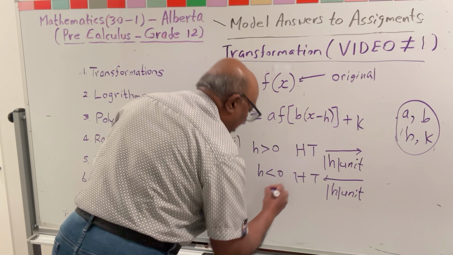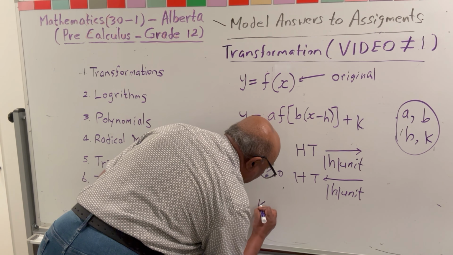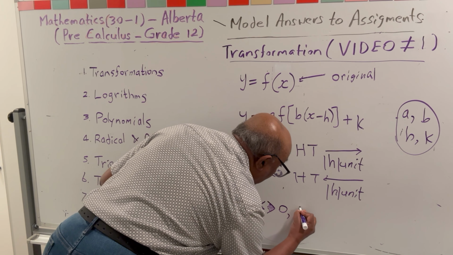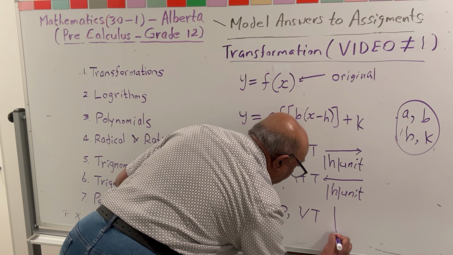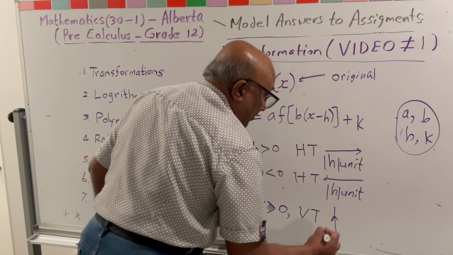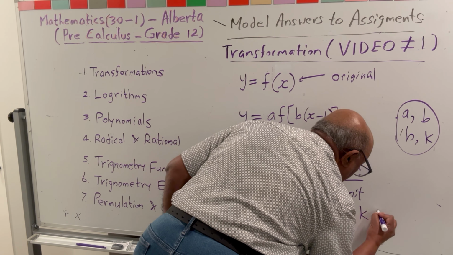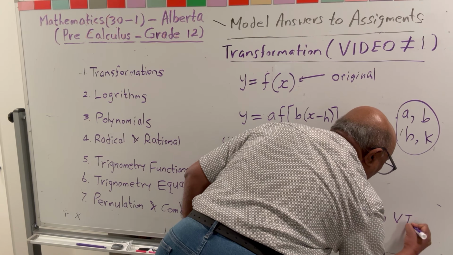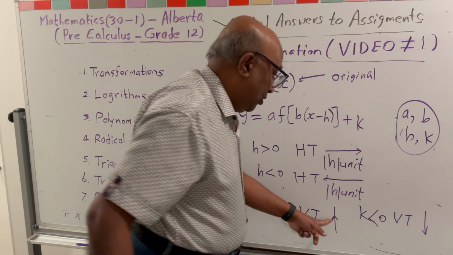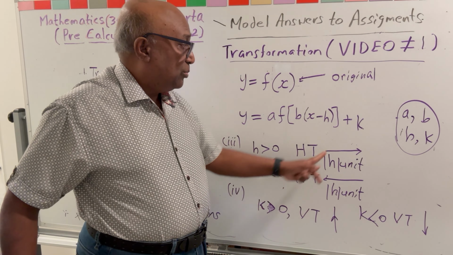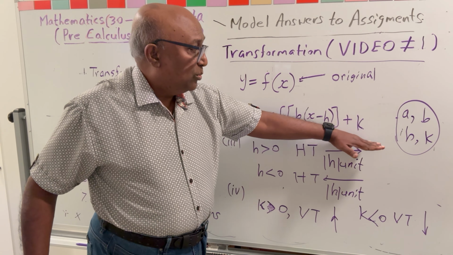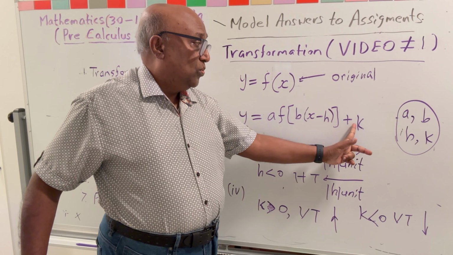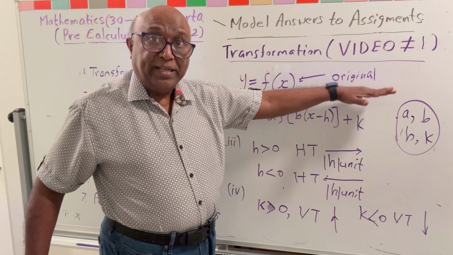If k is positive, the function translates vertically up. If k is negative, it translates vertically down by k units. If k is positive, the function is moving k units up. If k is negative, the function is moving k units down.